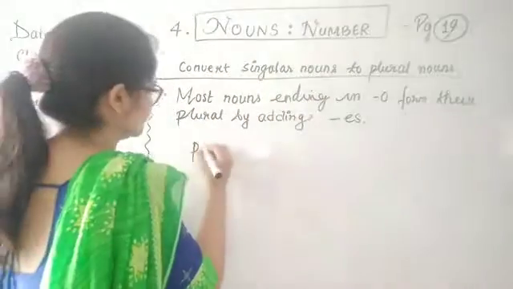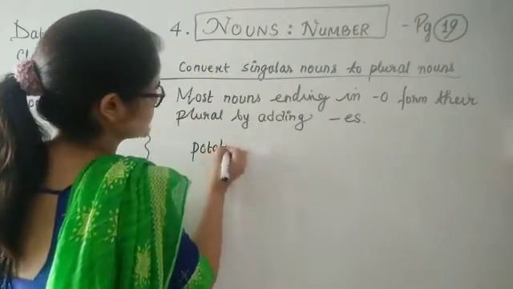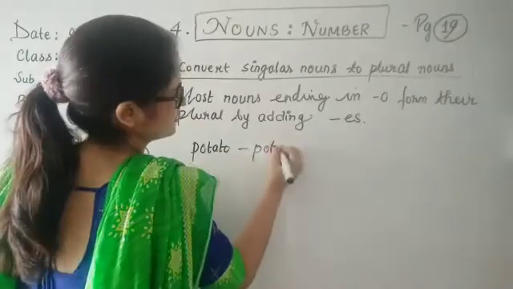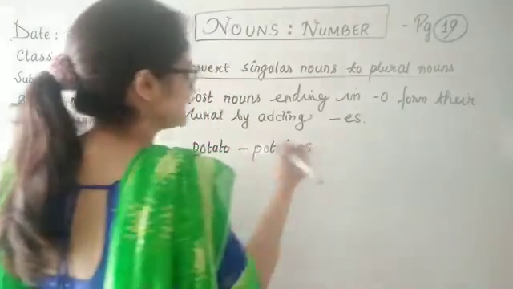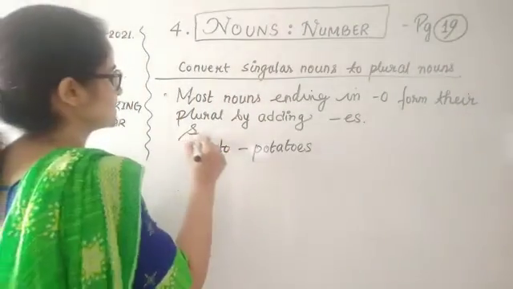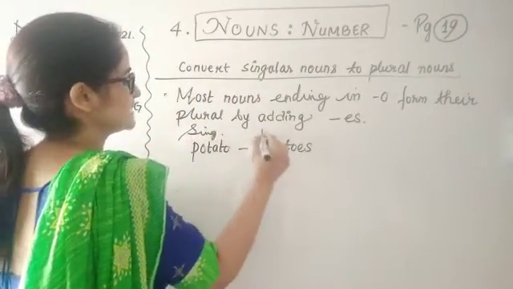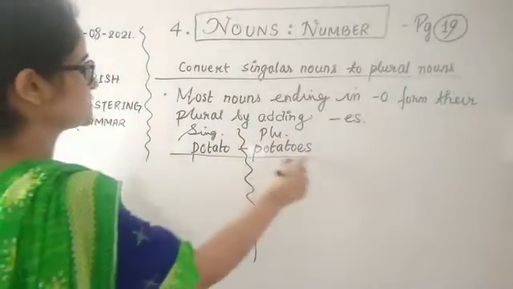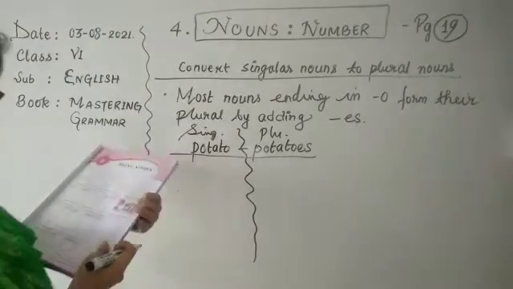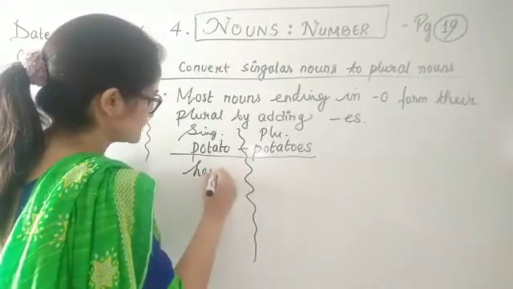Like potato becomes what? Potatoes. It's ending in O, and now we are going to add es to form the plural. So children, this side is singular, this side is plural. Potato becomes potatoes. Now hero becomes what?